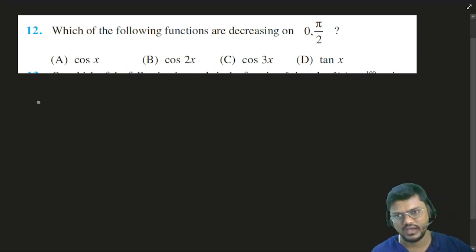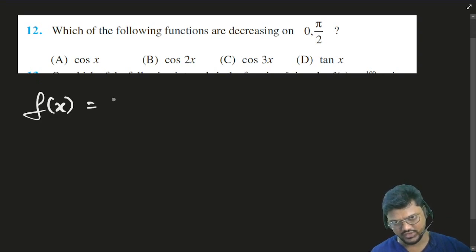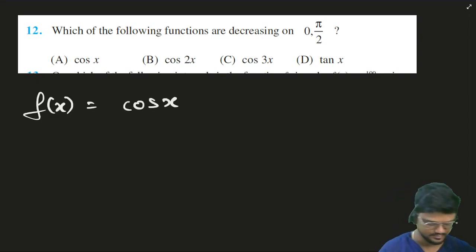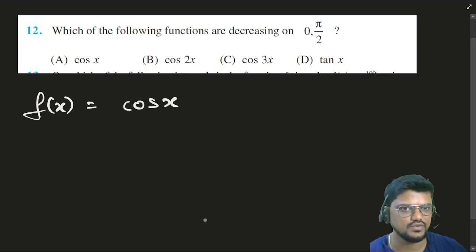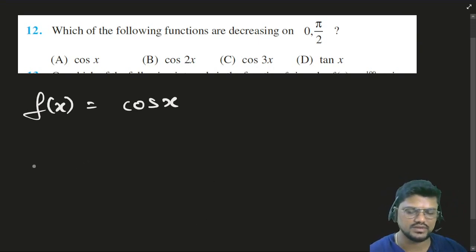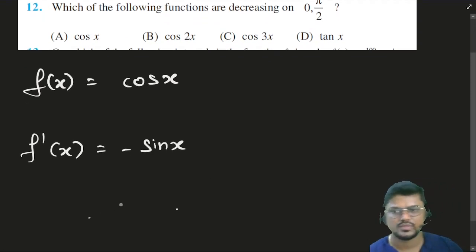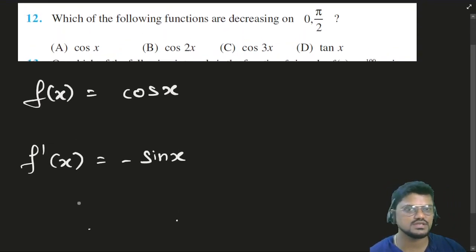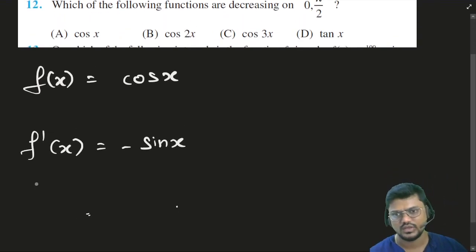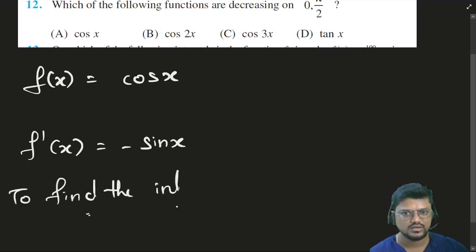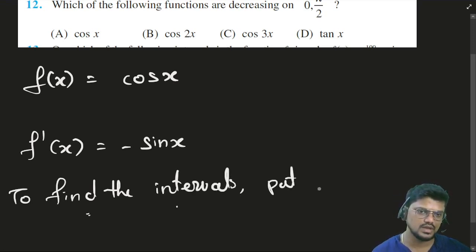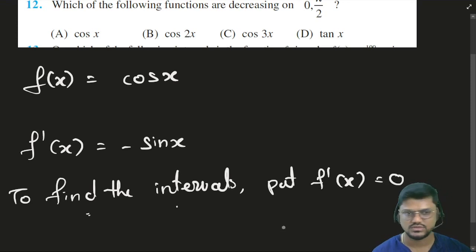See, we have f of x equals, let's try for cos x. If I try for cos x in the interval 0 to pi by 2, what is the value of f dash of x? That is minus sin x, right? Now which of the following functions are decreasing in the interval 0 to pi by 2? Now to find the intervals, put f dash of x equals 0.